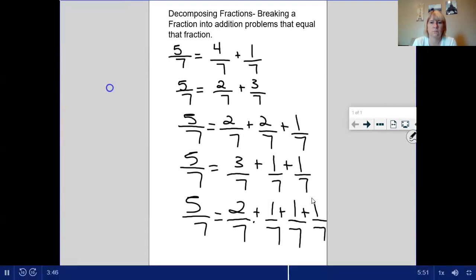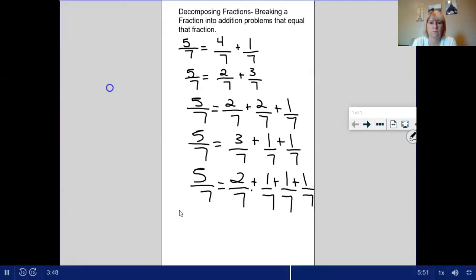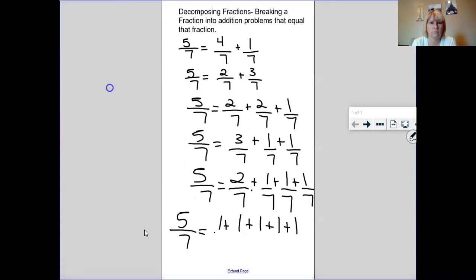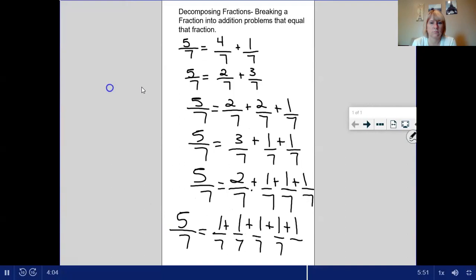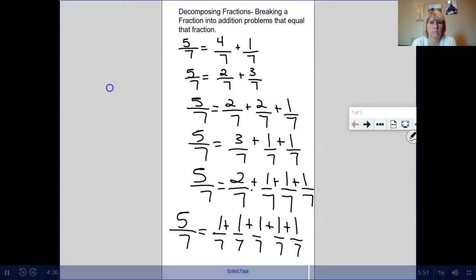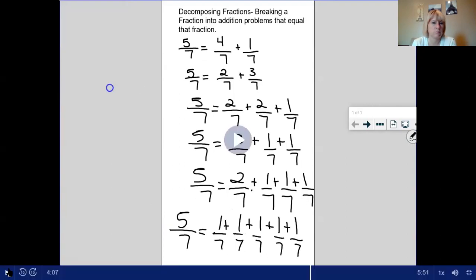And can I make any more? Yes, I can. Here is the basic one that you should get for every problem. I can say 1 plus 1 plus 1 plus 1 plus 1 over 7. That equals 5/7.